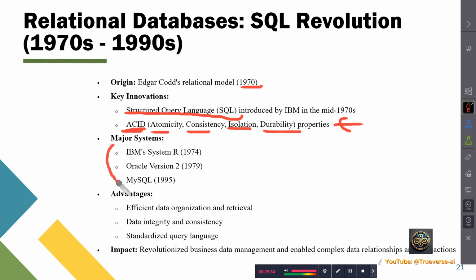Major systems like IBM System R in 1974 and Oracle version 2 helped bring the relational database into mainstream usage, providing robust systems for businesses to manage their data. And in 1995, MySQL was introduced, becoming one of the most popular open source relational databases.